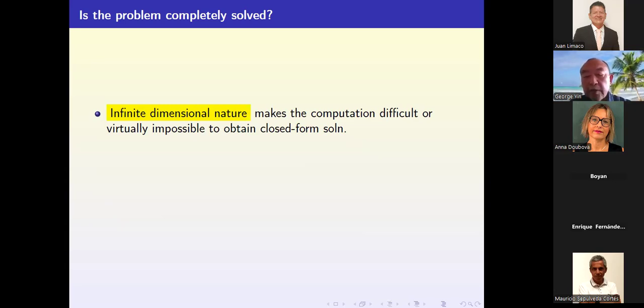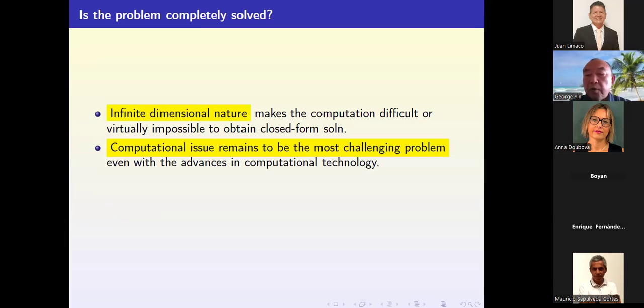You have the nice equation, and you can say the filtering problem is given by the solution, but how to find the solution is not a simple matter. It's not so clear, and you run into the curse of dimensionality. So the computational issue remained very challenging for about 60 years.